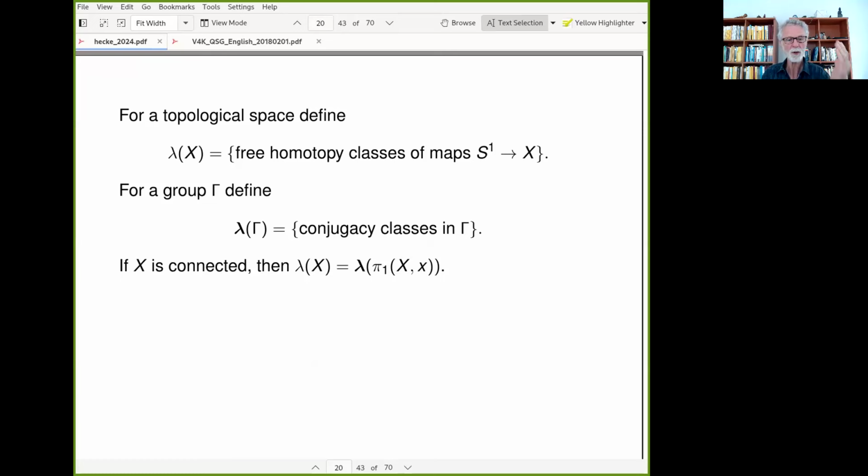And so for a group, we can define bold lambda of gamma to be the conjugacy classes in gamma. And if you have a path connected space, then the free homotopy classes of maps of circles into X is the same as conjugacy classes in pi1, a standard exercise.